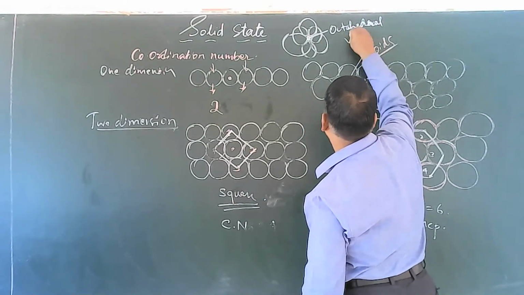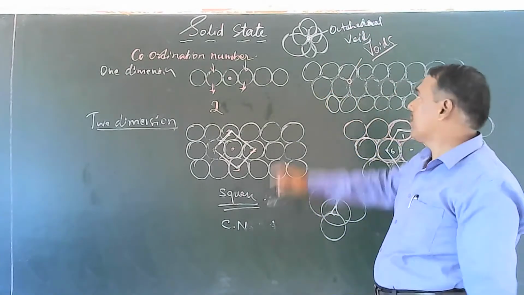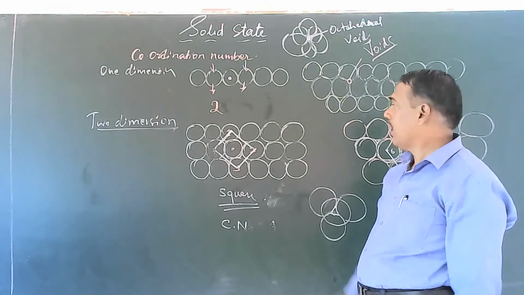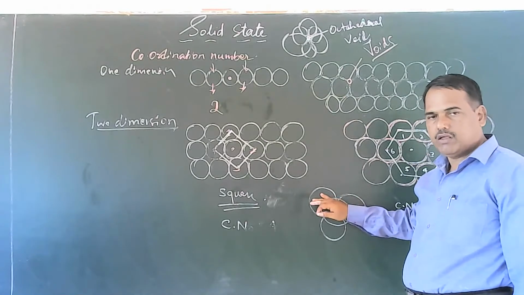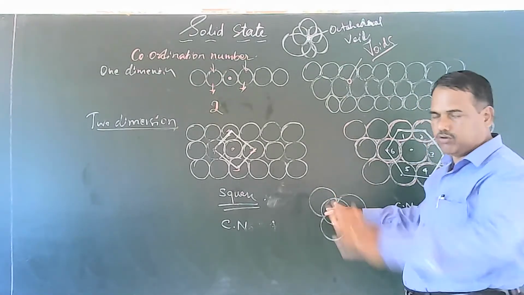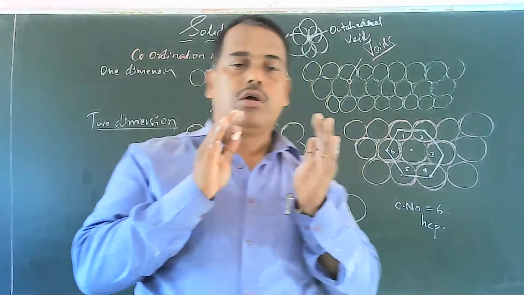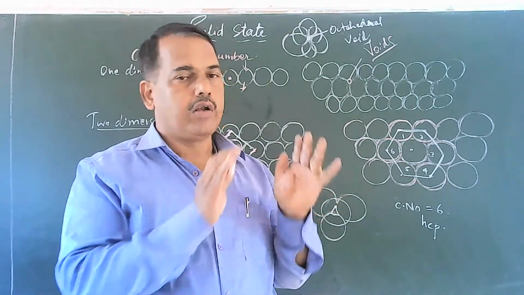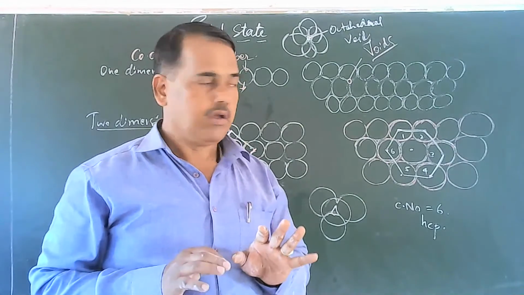Are you clear? Octahedral void is obtained by six spheres. And this is a tetrahedral void, which is obtained by 3 and another 1, that is 4 spheres. You can observe in the diagram of spheres. So we will find two types of voids. One is tetrahedral void, another one is octahedral void.